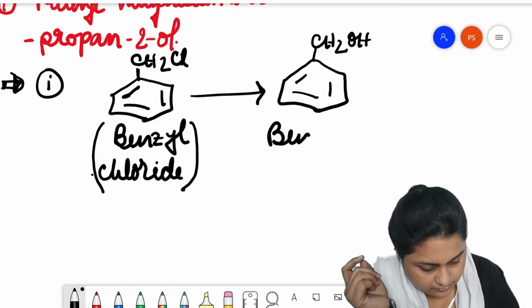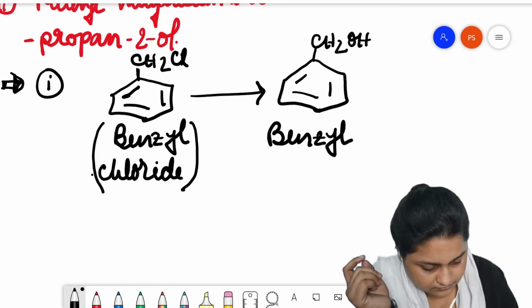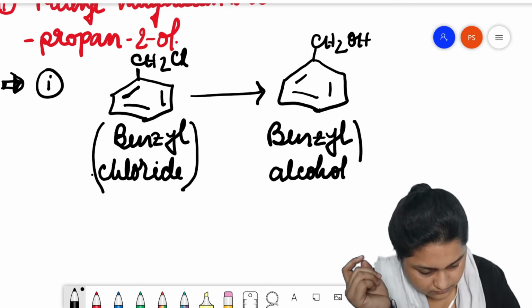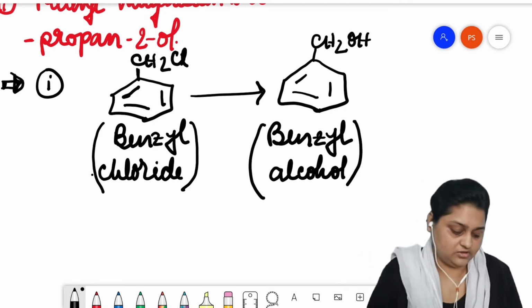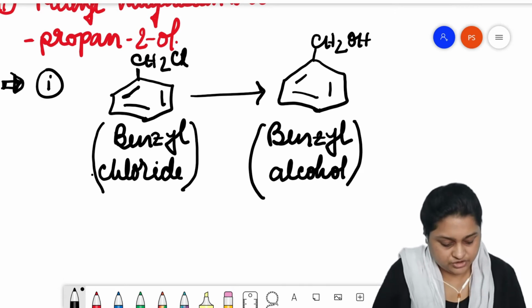This is the structure of benzyl alcohol.